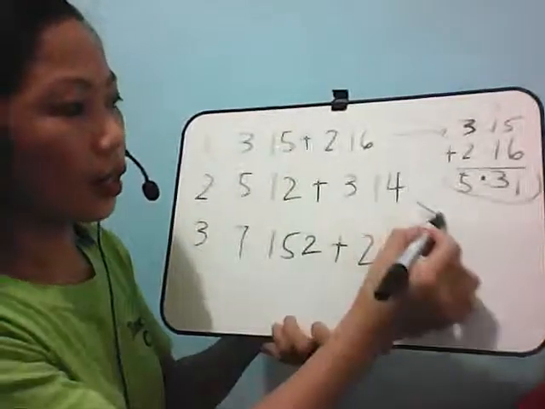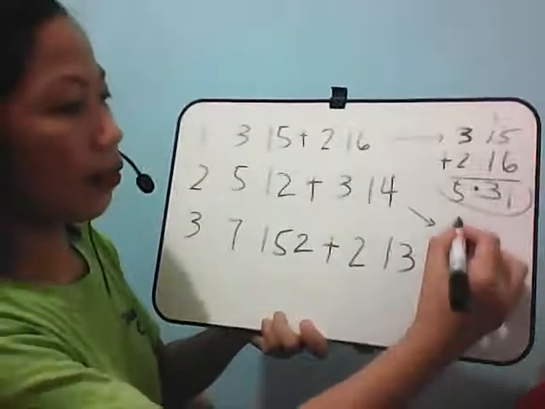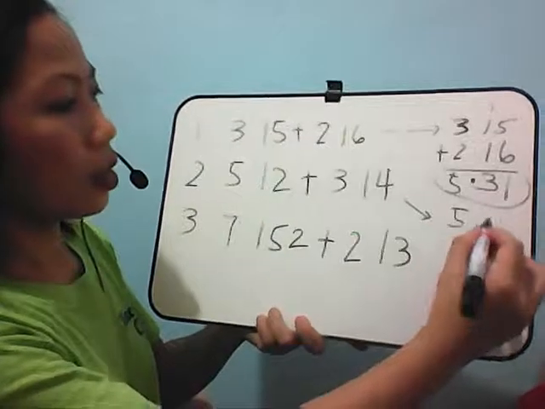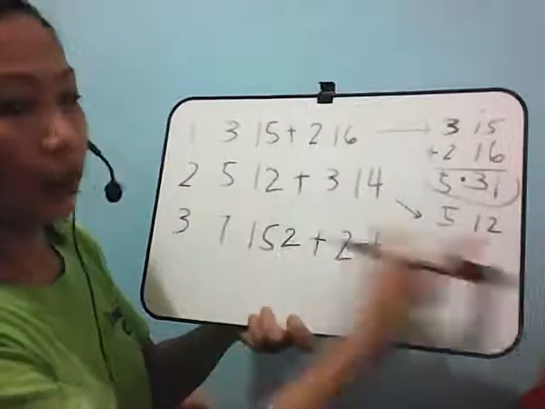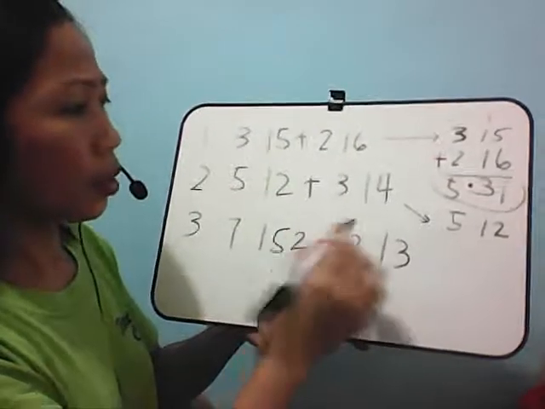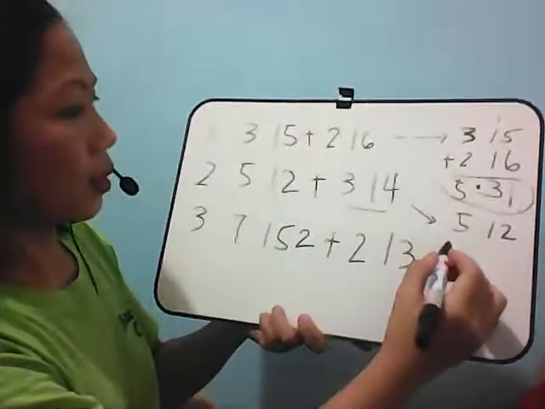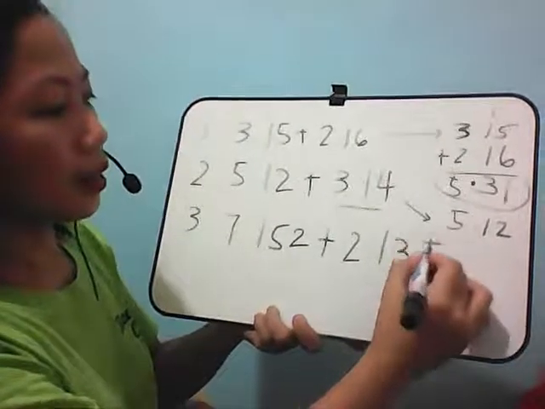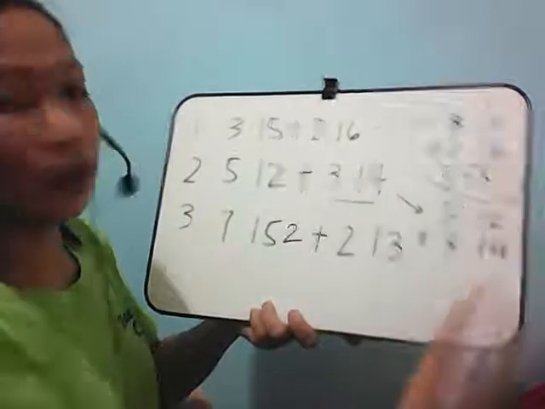Then let's solve the number 2. Okay, so let us solve the number 2 here. Let's arrange first. Okay, 5 and 12 hundredths. Now, let's go to the other number. Plus 3 and 14. All right.